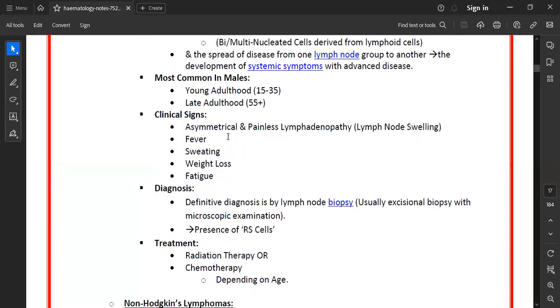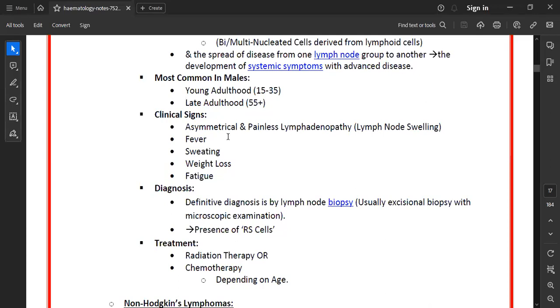For all these conditions, you diagnose them by doing your blood test or bone marrow aspiration. Definitive diagnosis is by lymph node biopsy. Since these ones affect the lymph nodes, you can just get a portion of the lymphatic tissue and observe it under your microscope.